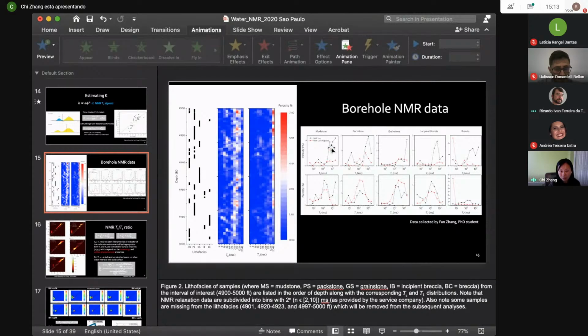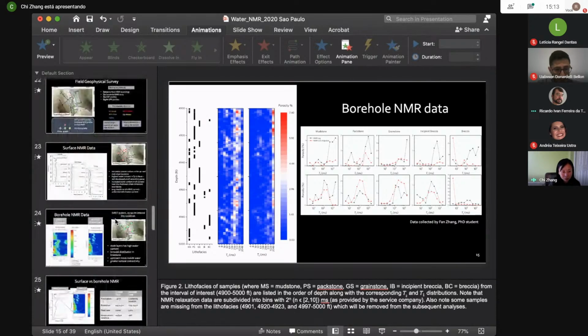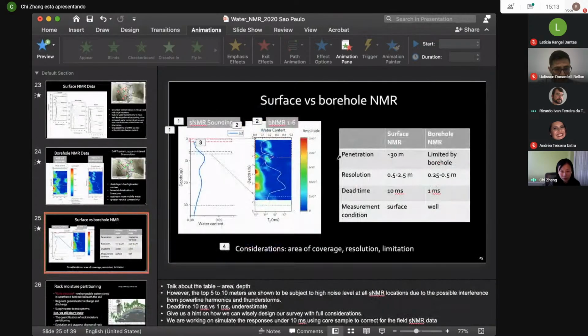Most of the time, this log NMR cannot even fully decay due to the time measurement limitation. Not only that, but if you look at this table, the dead time and the measurement conditions are all different.